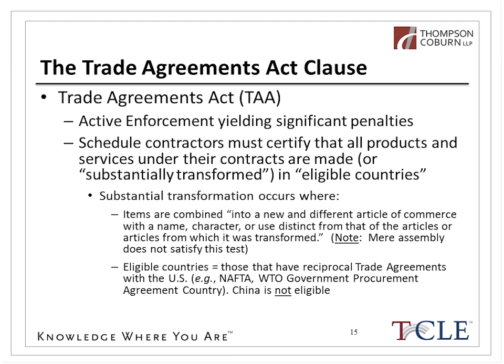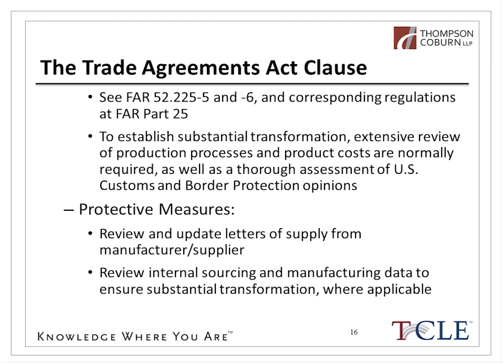The key here, and where contractors have gotten themselves in trouble, is when they have their products manufactured in China. China is not eligible to certify that you are compliant with the Trade Agreements Act. Here's the reference in particular, 52.225-5 and 52.225-6, and the corresponding regulation at FAR Part 25 will set out the Trade Agreements Act and a contractor's obligations under that.